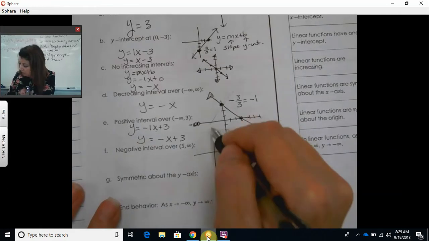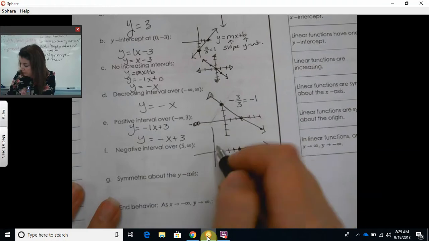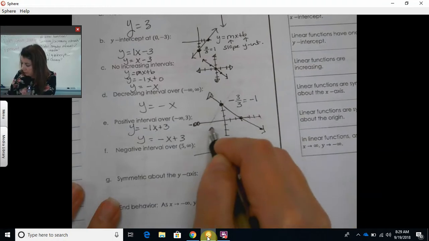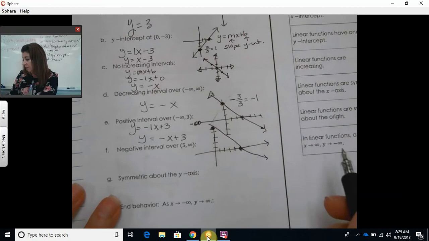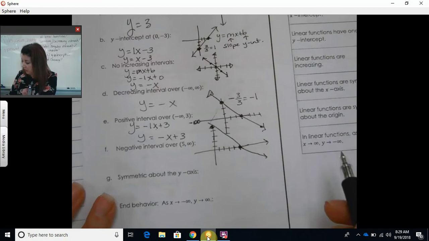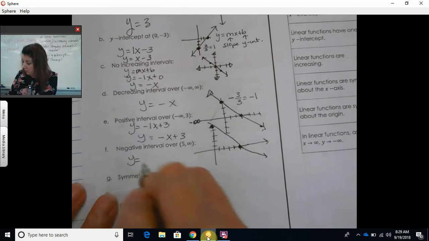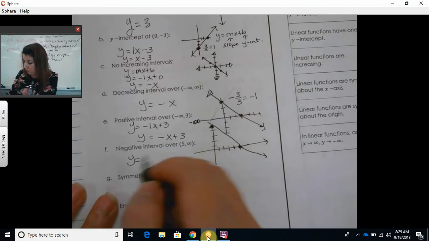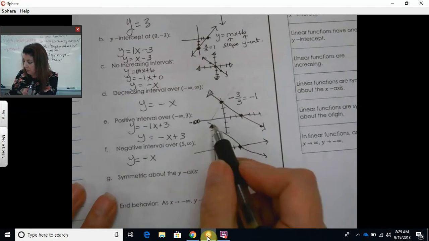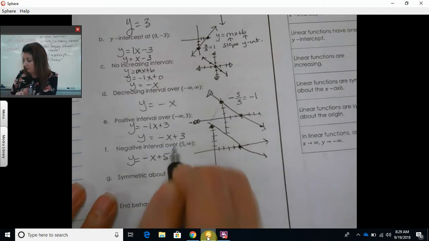So if I did a slope of negative 1, that means it would cross my y-axis at positive 5. I know that's a terrible line. It's not straight. It's just hand drawn. So that would be y equals rise of 5, run of 5, and it's negative, reduces to negative 1, so negative x, and my y-intercept is positive 5.